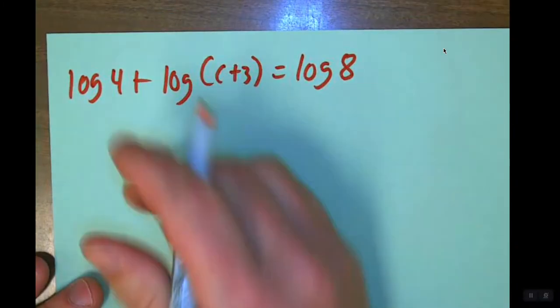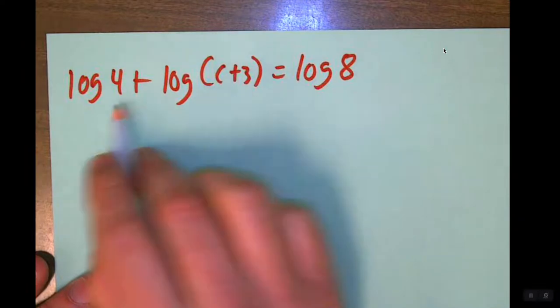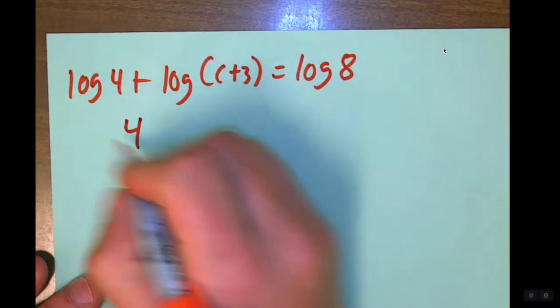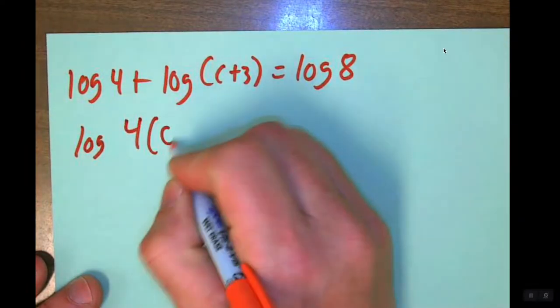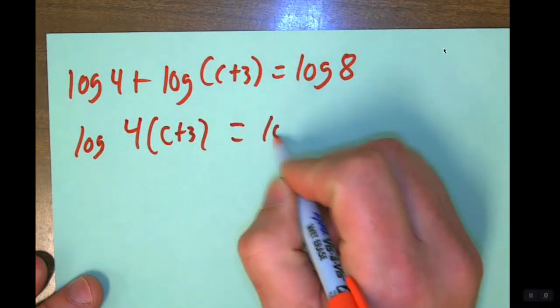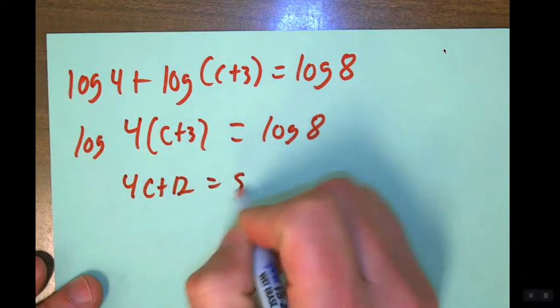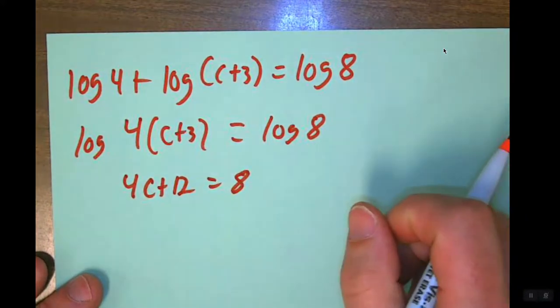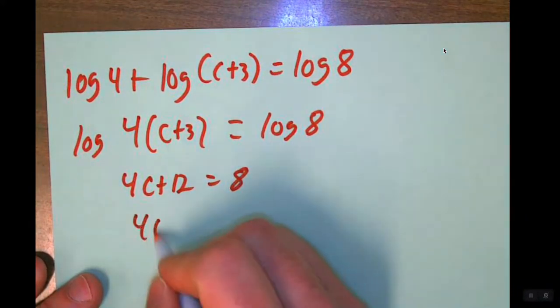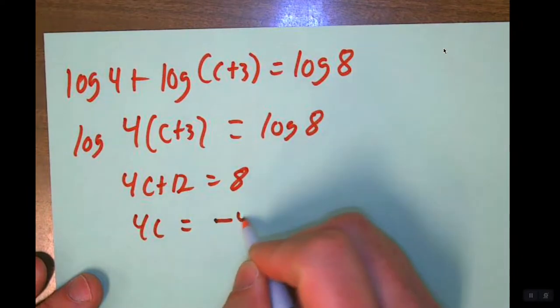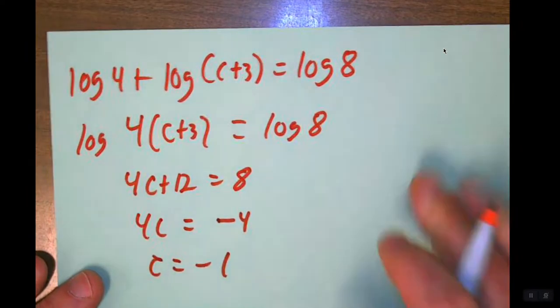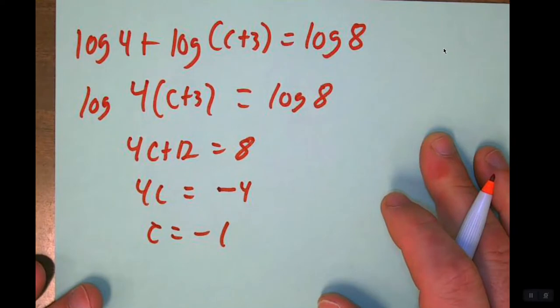All right, so we got to condense some stuff here. See these guys right here? This is log 4 times c plus 3 equals log 8. Now you just have 4c plus 12 equals 8. Subtract 12, so 4c equals negative 4, and c is negative 1. Pretty easy, right?